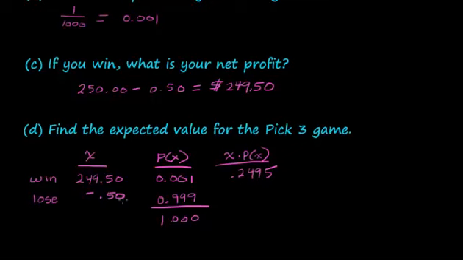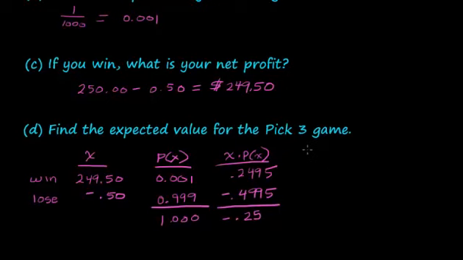And negative 0.5 times 0.999 is negative 0.4995. Now we sum. And when we add these together, we get negative 0.25. So what have we found?